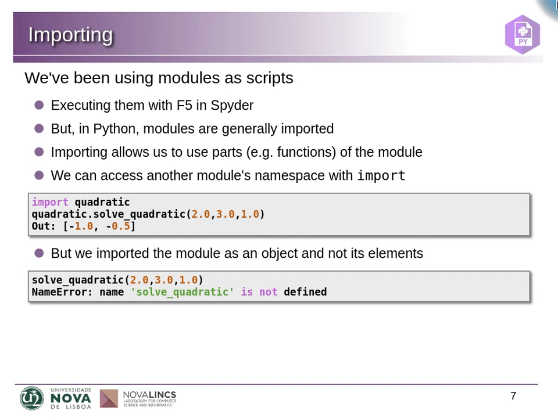And now everything that belongs to that module will be inside that namespace. So this quadratic corresponds to the file that is there, will be an object that has, for example, the function that's inside the source code, the solve quadratic function. So we can import that and then use the function to solve an equation.